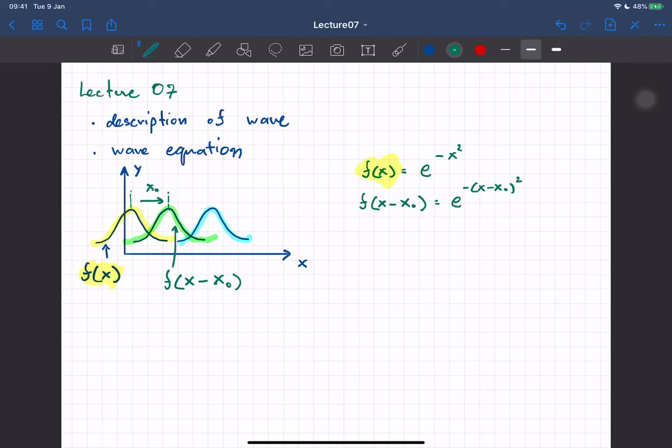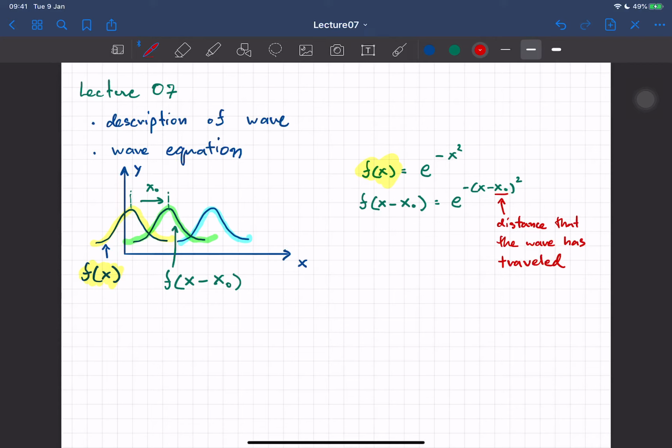And just to remind everyone again, x0 here is the distance that the wave has traveled, okay, to the right. Actually, there's only one L maybe, I don't remember. So that's how much the wave is traveling to the right, x0 here.